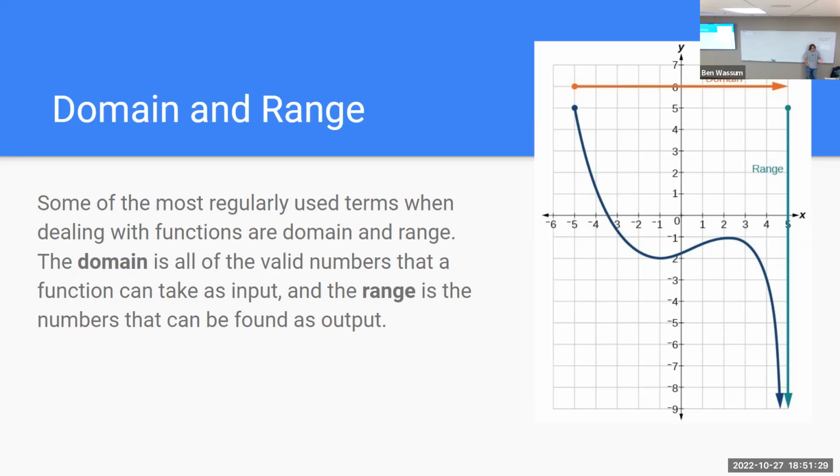So when I ask somebody to tell me what their domain and range is, and they're stumped a little bit, I say, okay, domain. How far left and how far right does it go? Because that's literally the answer. As far left as we go to as far right as we go.